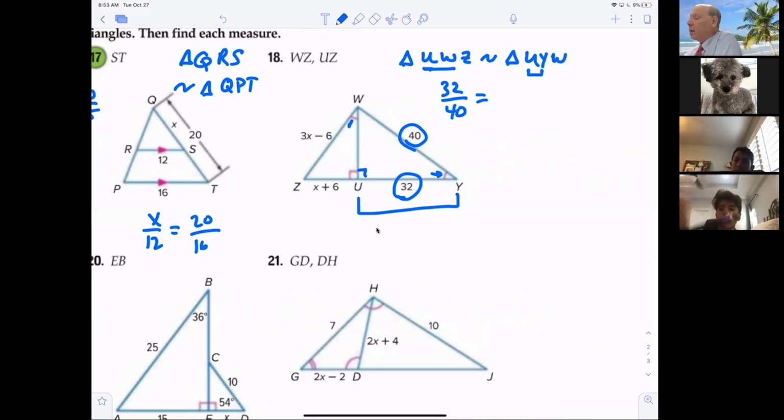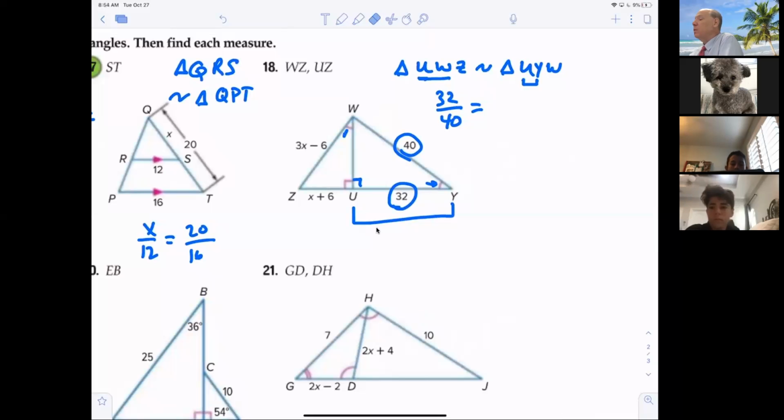Well, I'm trying to show 32 is UY, correct? And UY, we said corresponds to what? UW. So, Sam, you can do anything you want, I'm asking, is it correct? You just said 32 over 40.